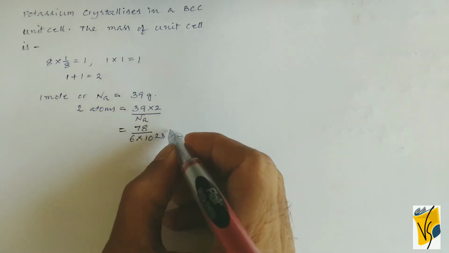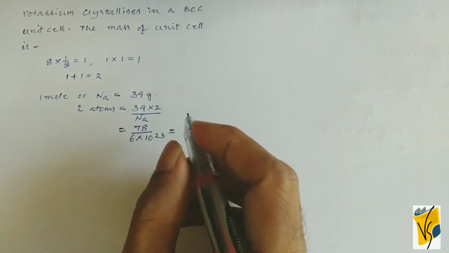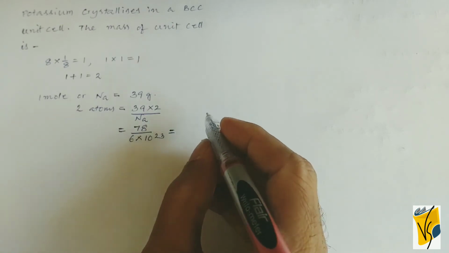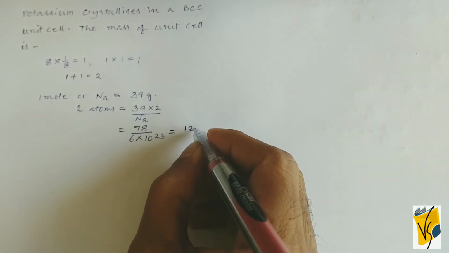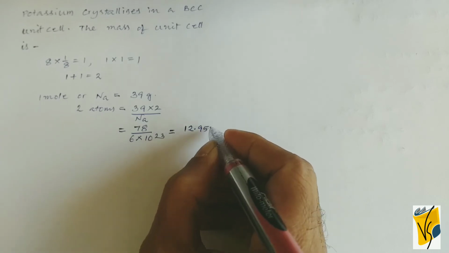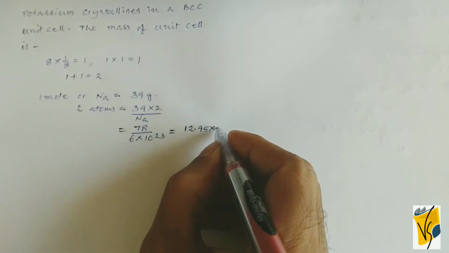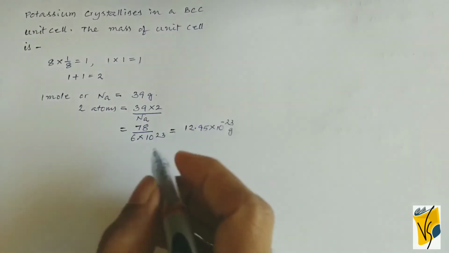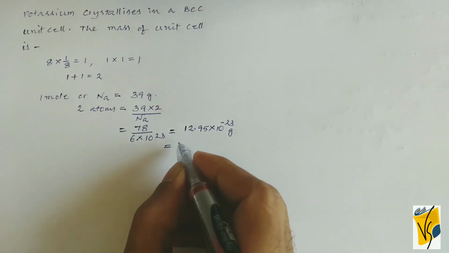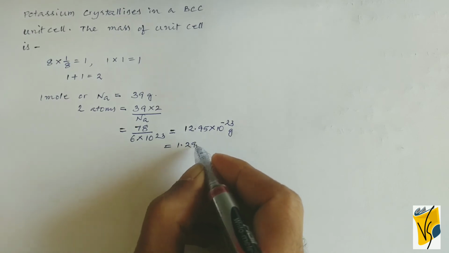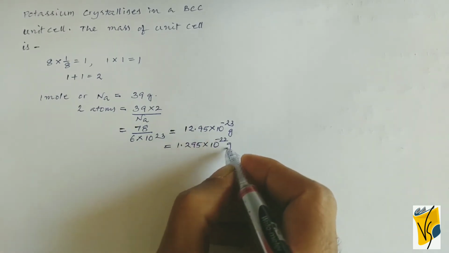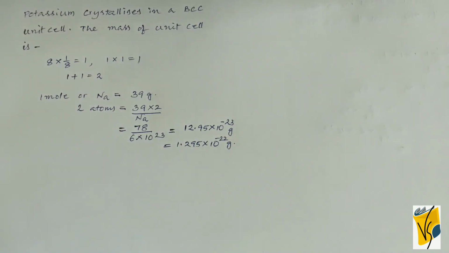So this will cancel, giving 12.95 into 10 to the power of minus 23 gram, or that is equal to 1.295 into 10 to the power of minus 22 gram. This is the mass of 1 unit cell of potassium.